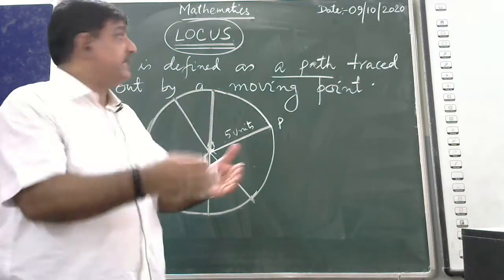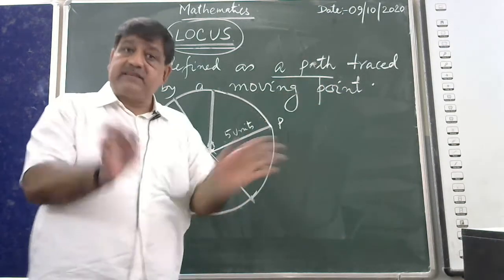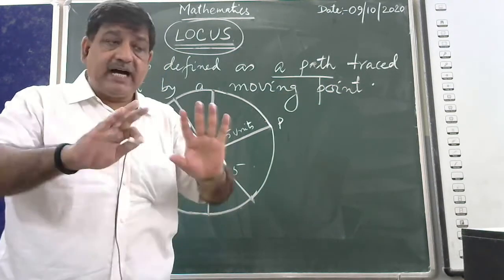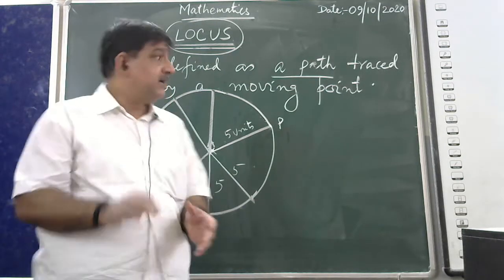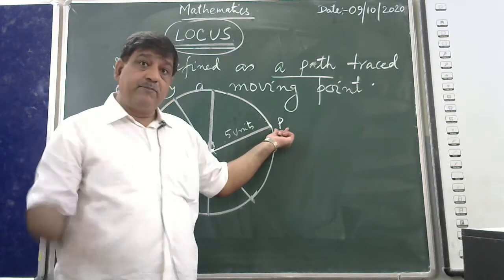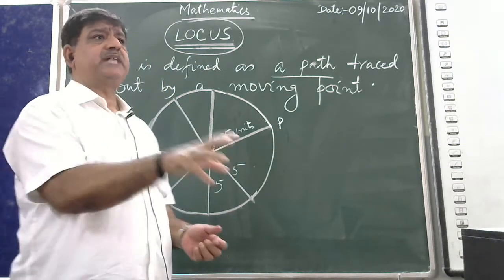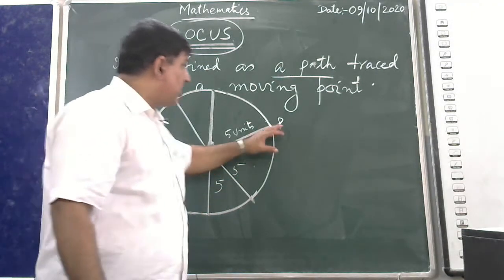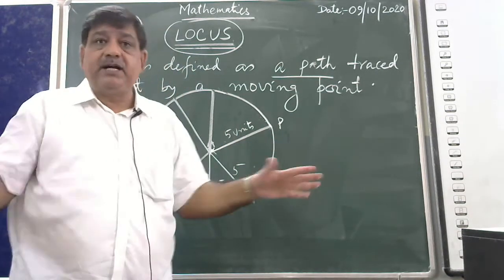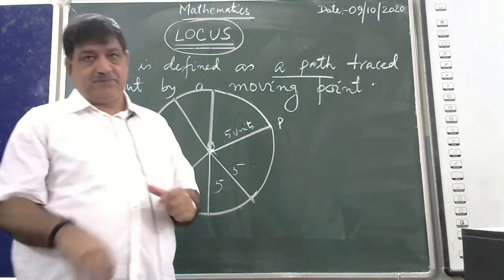So, the locus is nothing but a path, and that path is traced out by a moving point, and that moving point moves under some restrictions. Few restrictions are imposed on that moving point. If restrictions are not imposed, you will be unable to find the path of that moving point. Why?